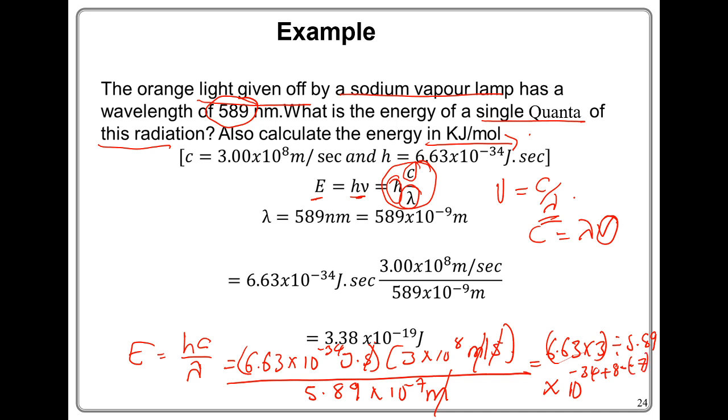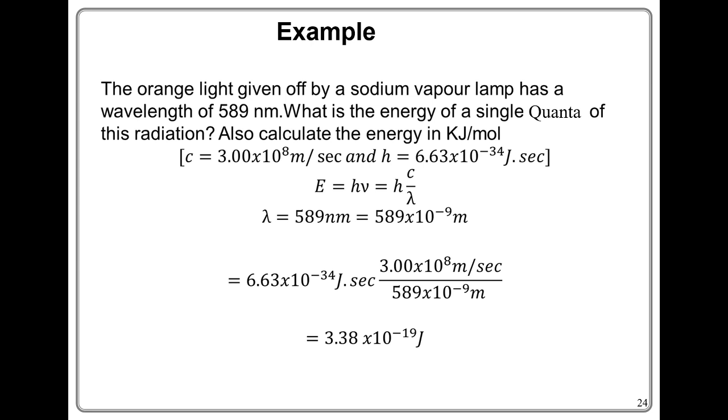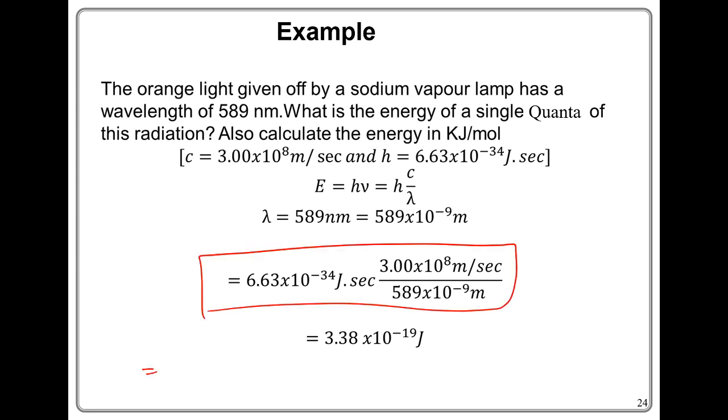Then after you simplify this, if we express it in a simpler form, this will be equal to 6.63 times 3 divided by 5.89, which is 3.3, times 10 to the power minus 34 plus 8 minus 7 joules.